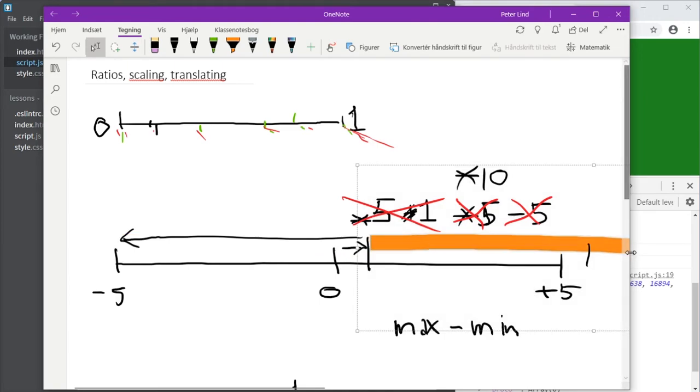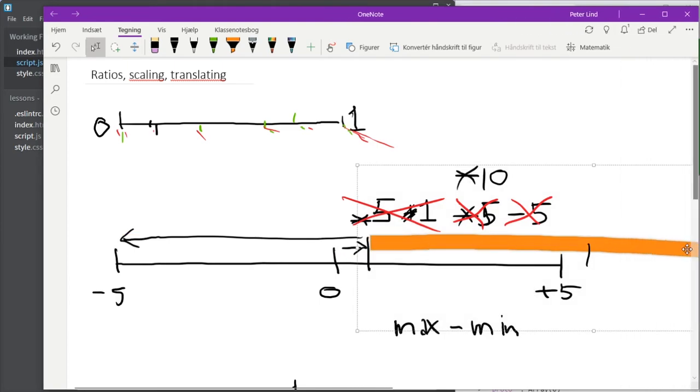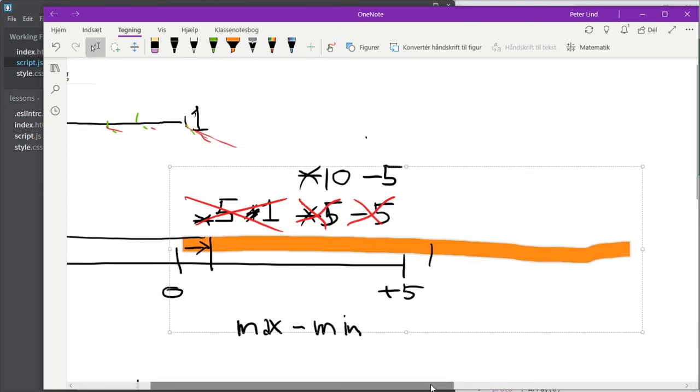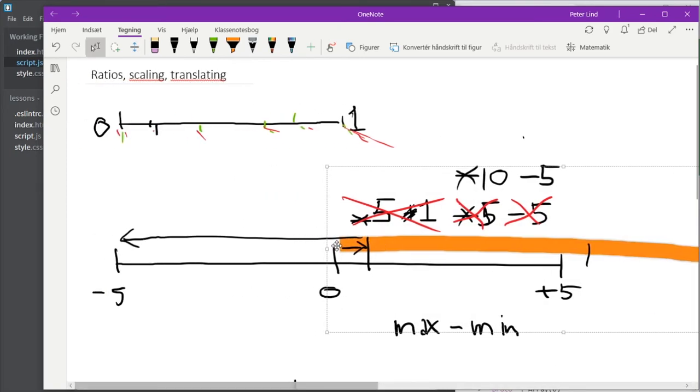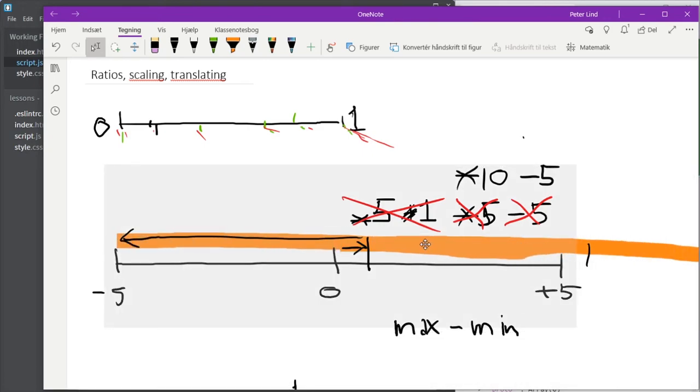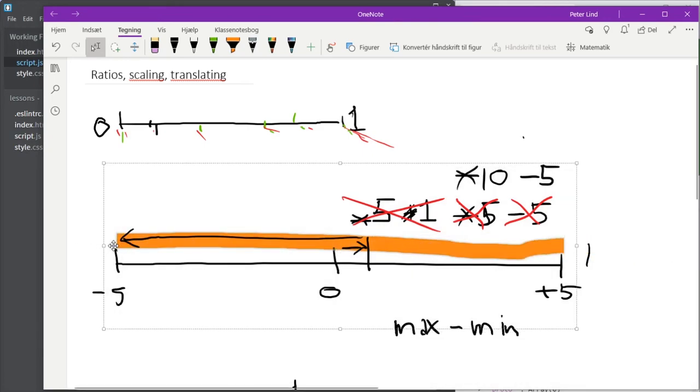Let's go, that goes outside the screen. And then we say minus the 5. So we take, oops, I shifted it a bit. So we say these 10, we just shift minus 5. And now we have a number between minus 5 and plus 5.